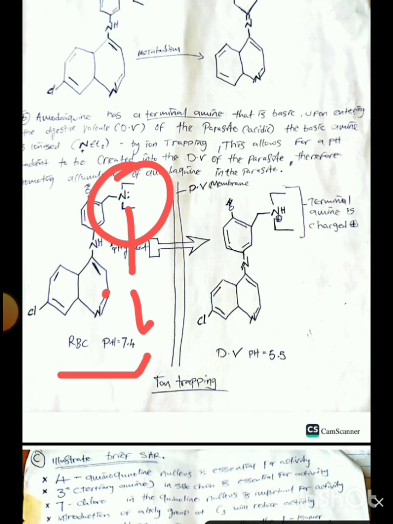We can see amodiaquine here in the uncharged form. So this is in the red blood cells, where the pH is 7.4. Of course, let's note that the pKa of the terminal amine of amodiaquine is 8.1. So it's quite basic as compared to the internal environment of the parasite, the digestive vacuole, which is at 5.5.